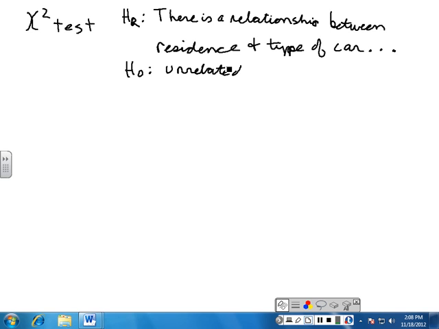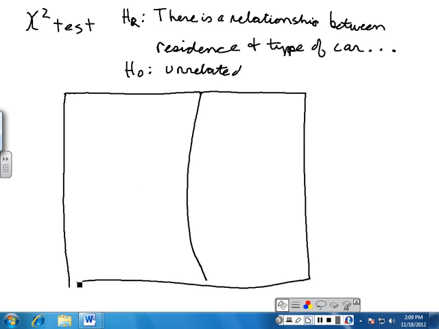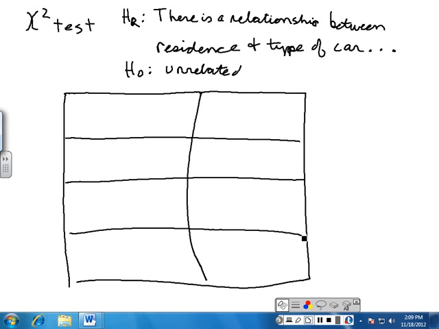So let me make a big table here. I'm just writing down the numbers in the problem as they are given.